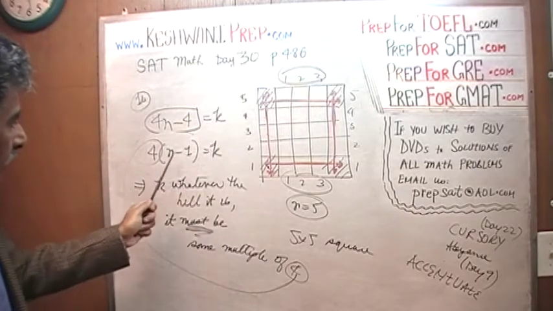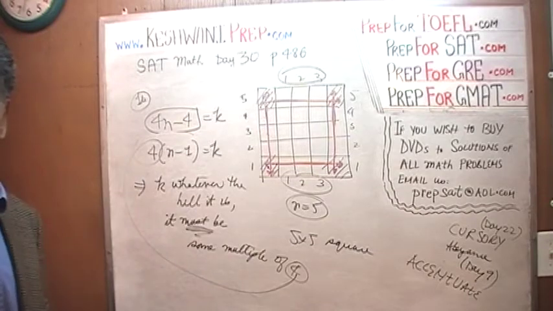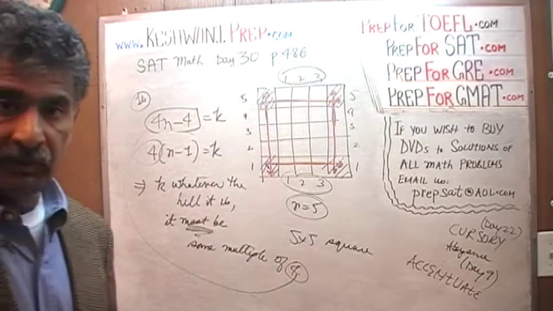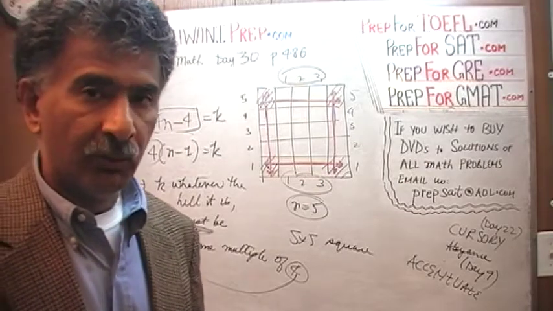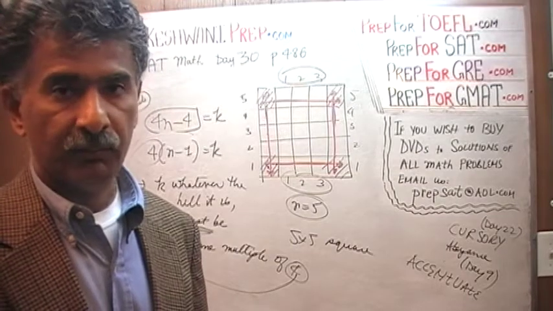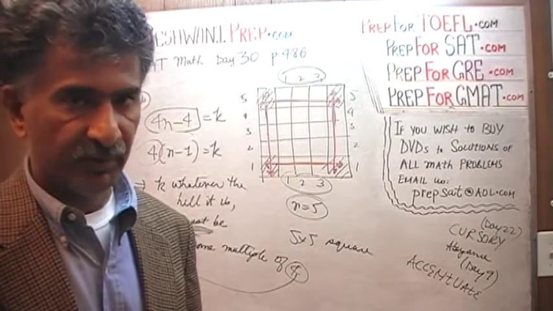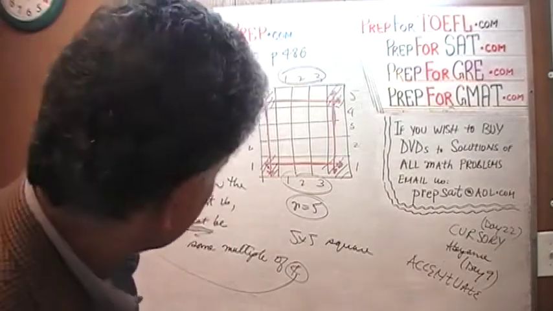K equals 4 times some number. K must be some multiple of 4. Now go to the answer choices. Find me one answer choice that is a multiple of 4. The other 4 answer choices you will see are not multiples of 4. If you try to divide the other 4 answer choices by 4, they will not be evenly divisible. Let's finish it up here.